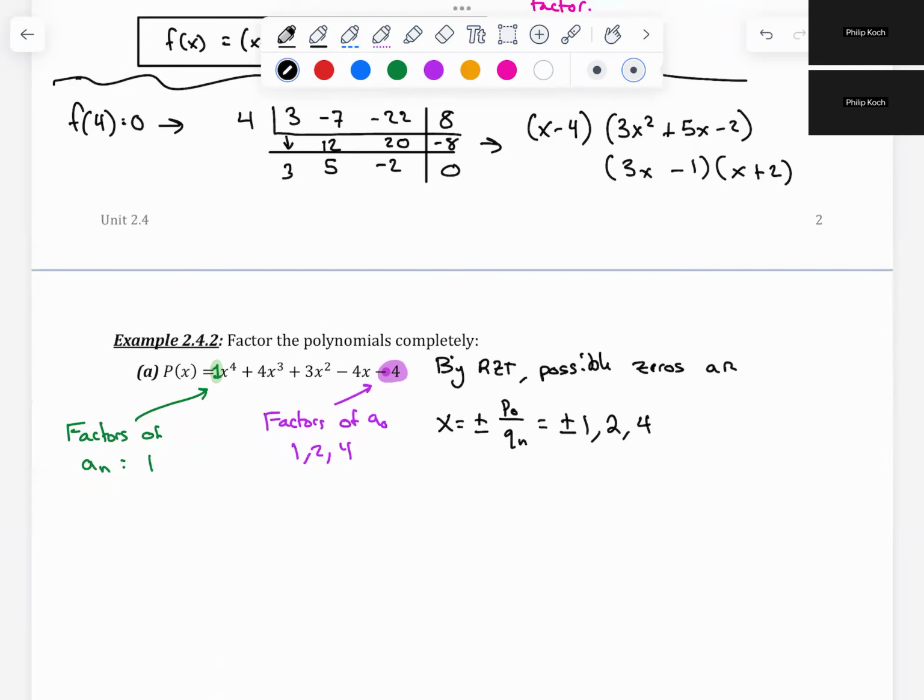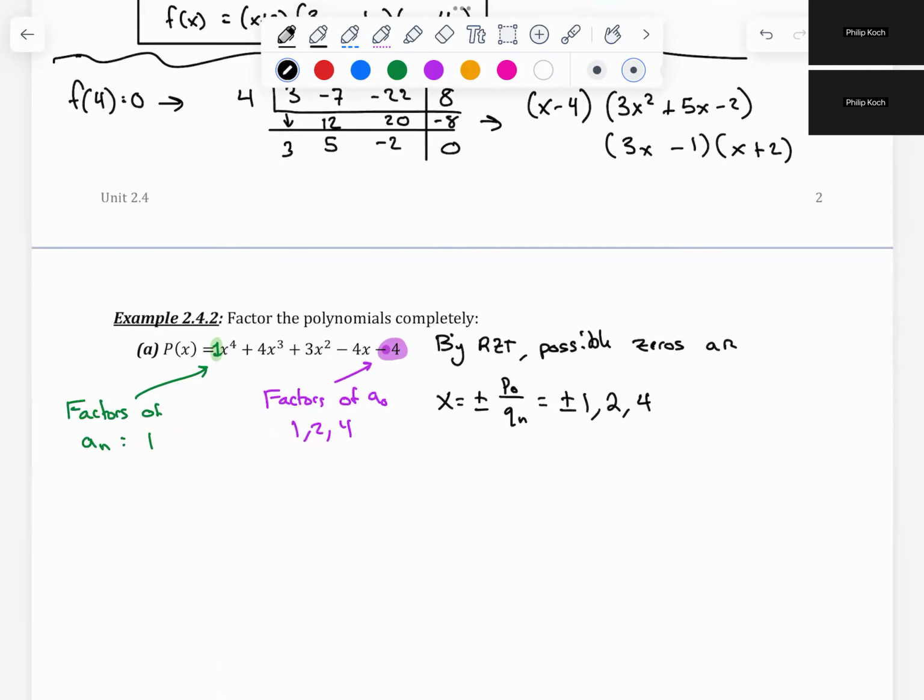All right. So now we'll just plug them into the function, see if we get 0, and move on from there. So P of, let's do 1. See if that works. I'm writing it down in our notes, but on an exam, you could just plug it in your calculator and write down what the number is. 1 to the 4th power, and I'm putting that in parentheses because I'm going to be using this equation in my calculator multiple times.